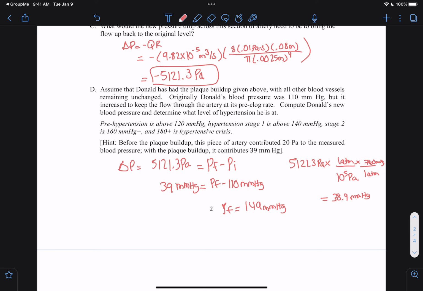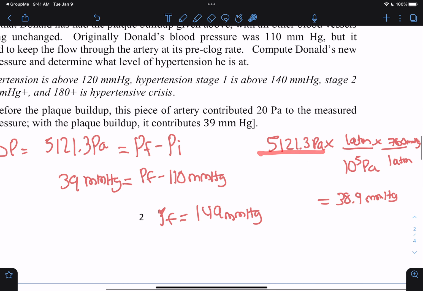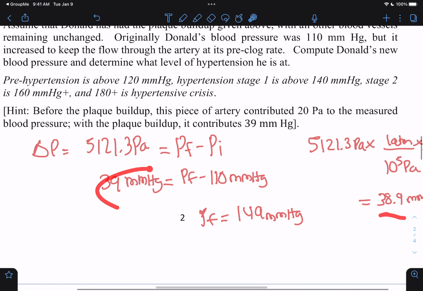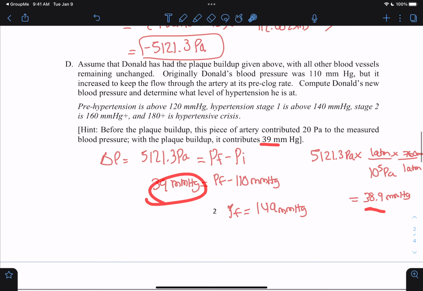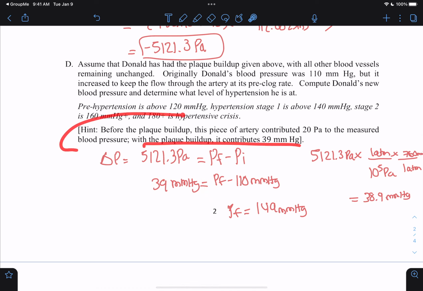So if you calculate the conversion from 5,121.3 pascals to millimeters of mercury, you get 38.9. Same thing here, 39 around that value. They just gave us the value in the hint, as opposed to us calculating it out, which is a lot easier and very helpful.